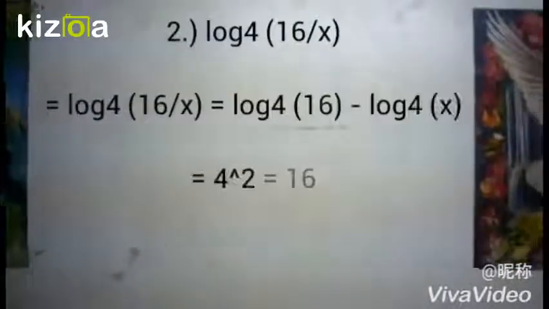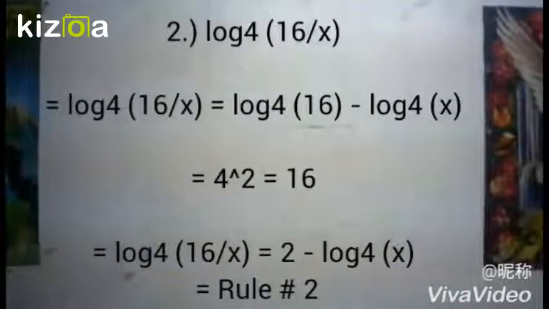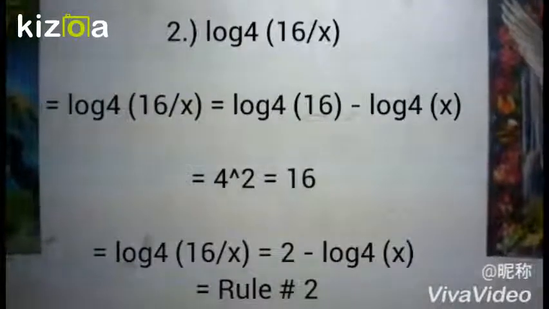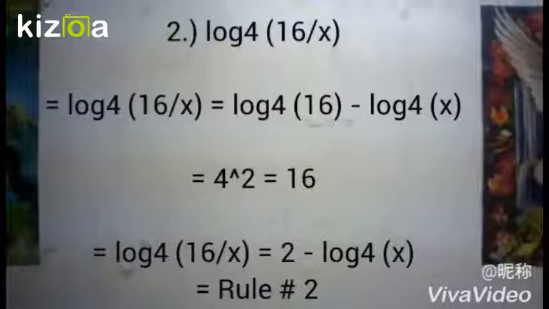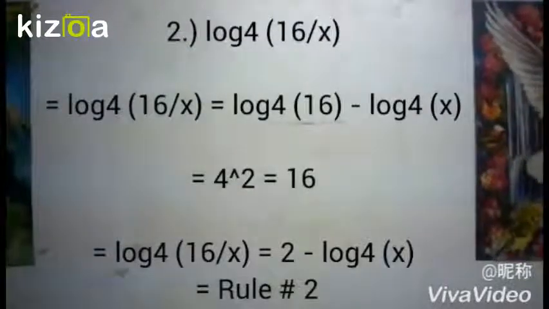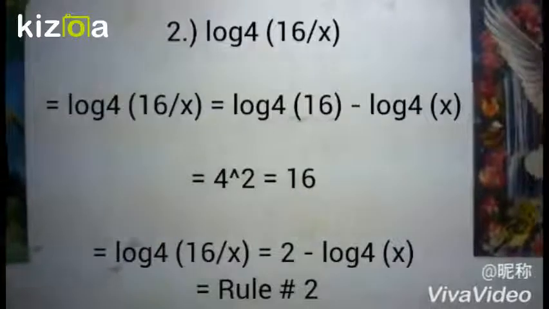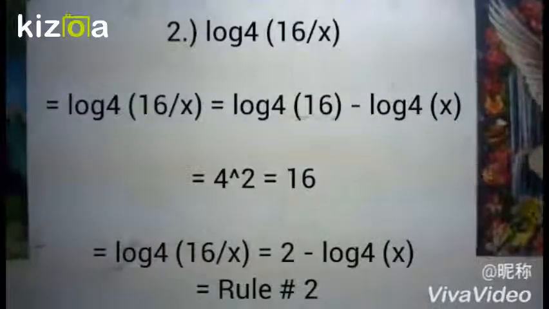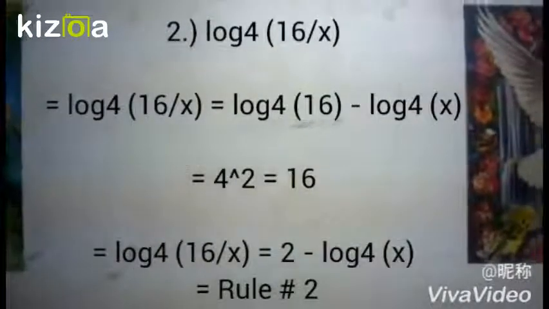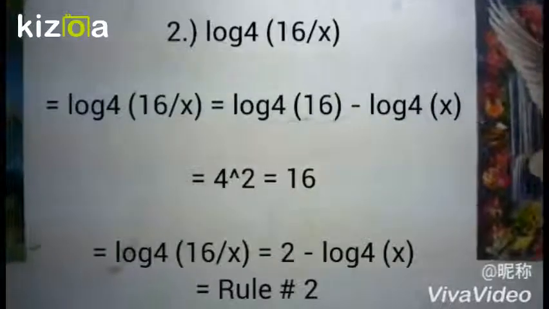Always remember to take time to check if any of the terms in your expansion, such as the logarithm of 16 to the base of 4, can be simplified. This example follows log rule number 2.